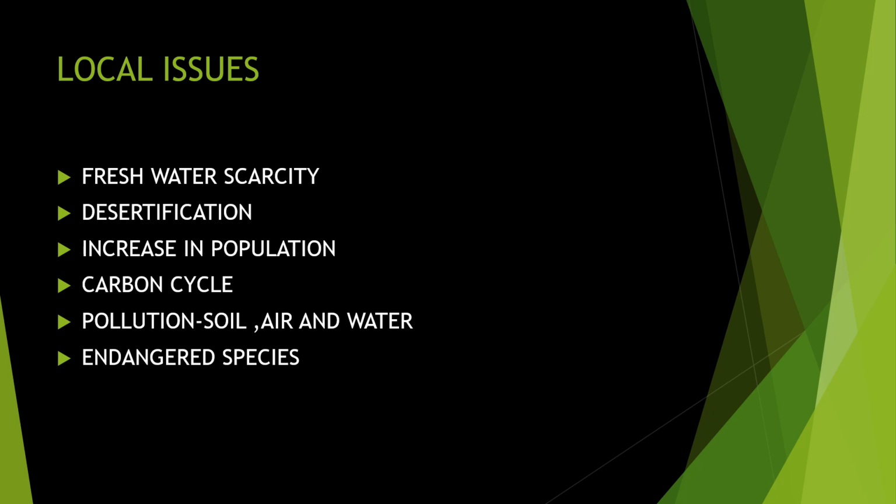All these we can see in our local areas. Next is endangered species. In some areas, some animals, birds or plants are getting endangered because of the use of chemicals or poisons. These are the local issues we usually see in our areas.